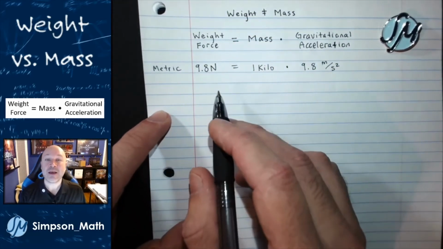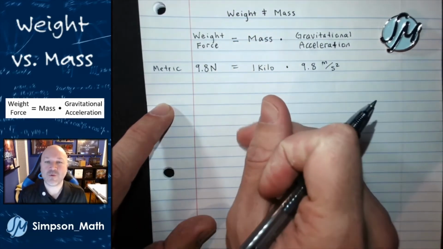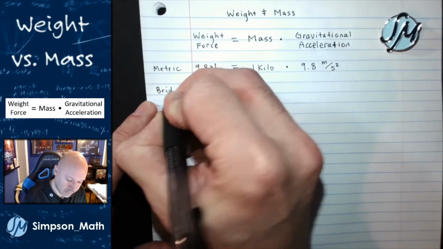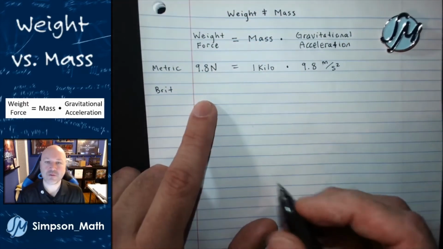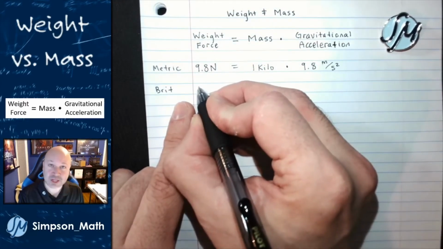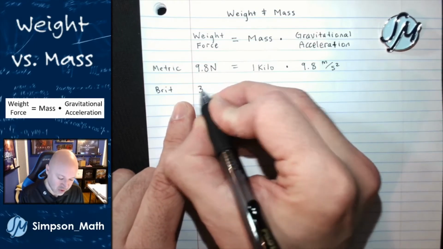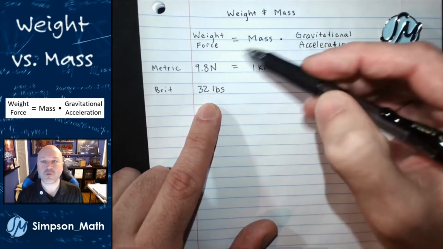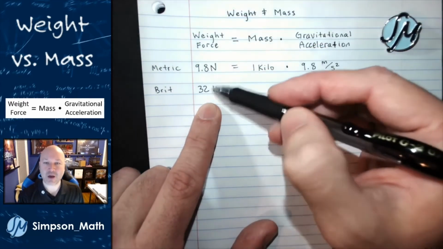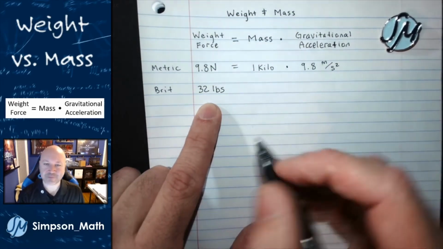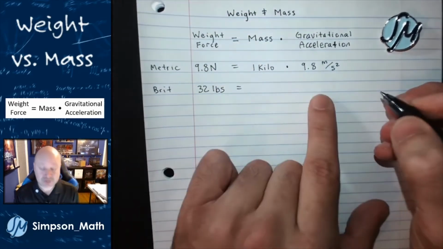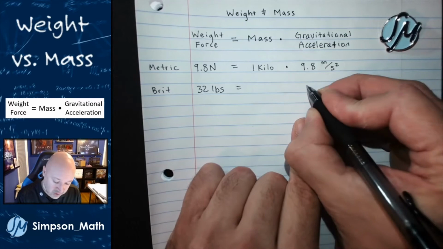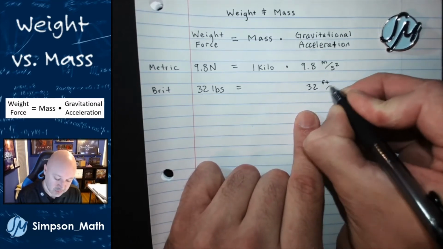Now, this is even more confusing when we start to talk about the British imperial system. Here we're talking about pounds. Let's say I have an object, I've weighed it, and it weighs 32 pounds. This is the weight force. So when you talk about I weigh kilos or I weigh pounds, notice it's confusing already. In the British imperial measuring system, the gravitational acceleration is about 32 feet per second squared.